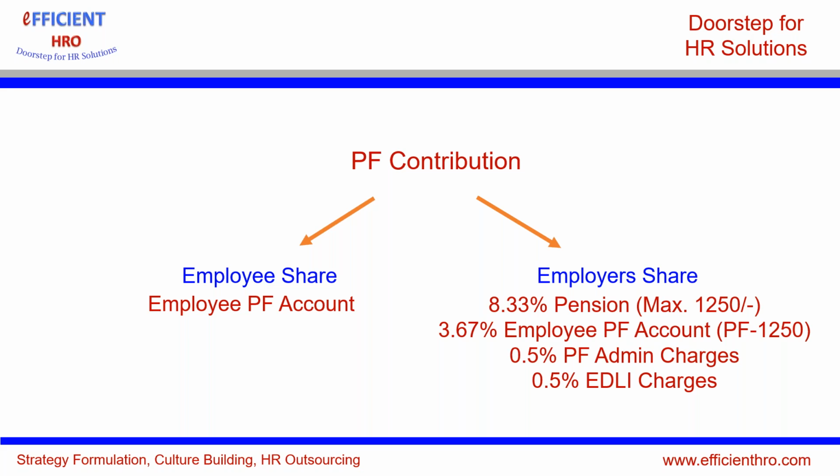For instance, if an employee expires during the job, then the nominee of that deceased employee will get the insurance amount. Currently, the insurance amount covered under EDLI is 3 lakhs.